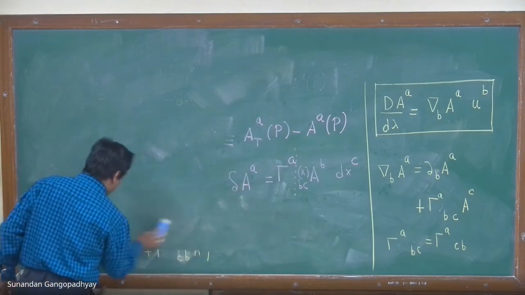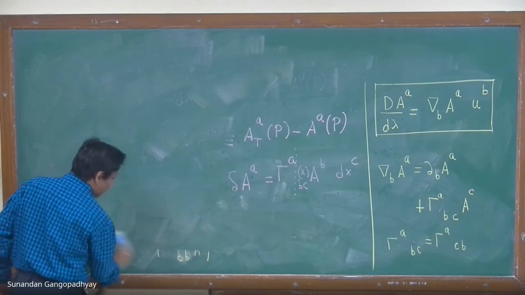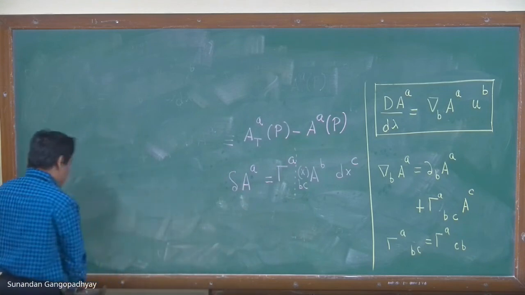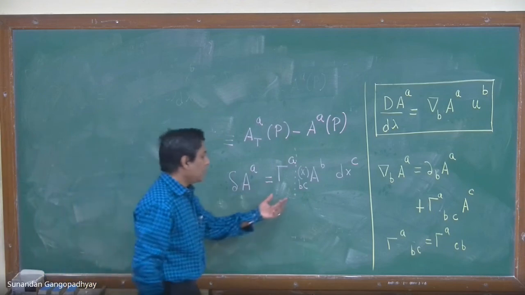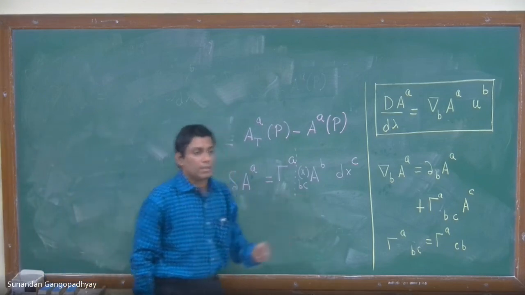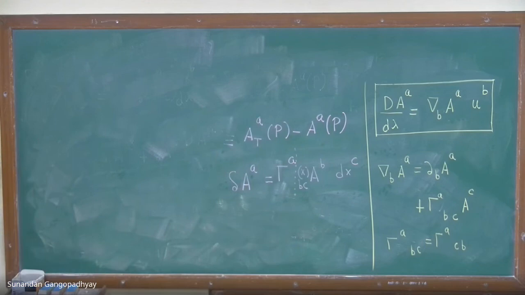We need to find out the transformation property of this object. But before even calculating, what we can say is that this does not transform like a tensor. That you can say already. So let us see how we can deduce the transformation property of this thing.